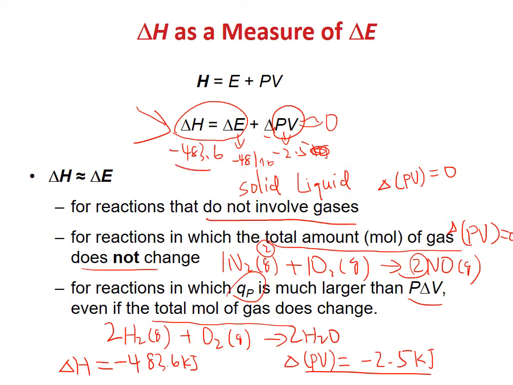So delta H is negative 483 and delta E is negative 481. They are approximately the same because delta PV is much smaller than delta H. So under this condition, for these reactions, enthalpy also gives you a good indication of the energy change.